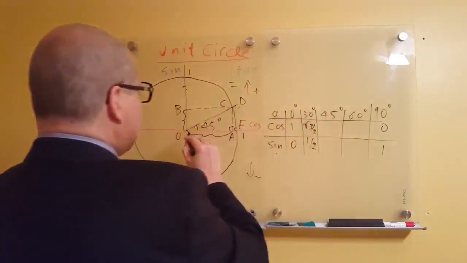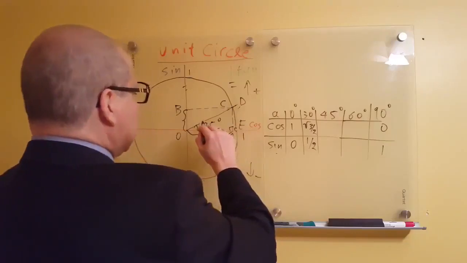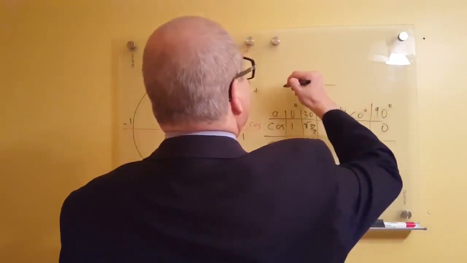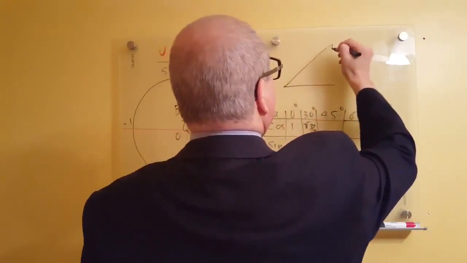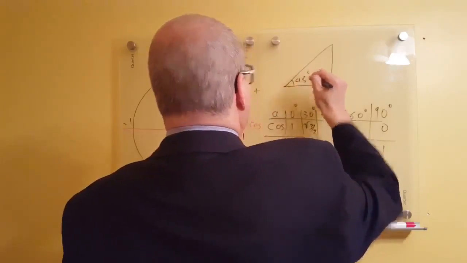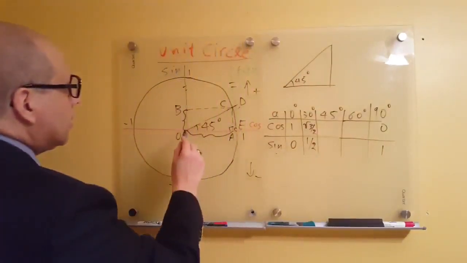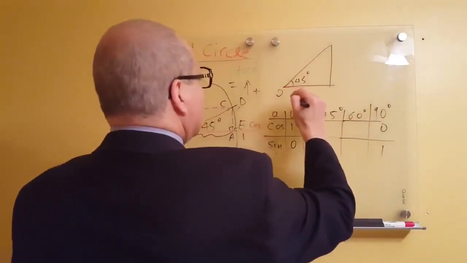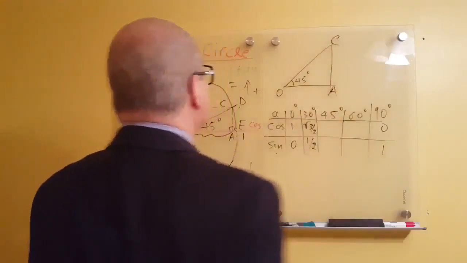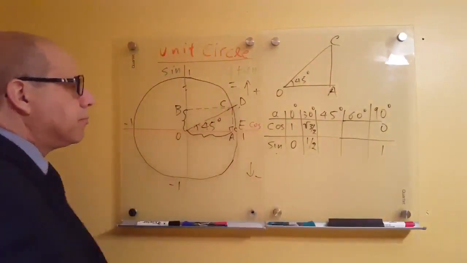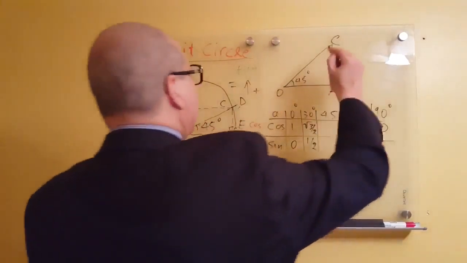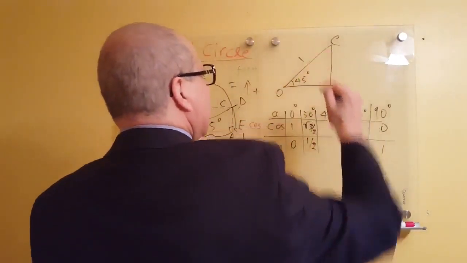So let's make this triangle here the OAD, but assuming that this here is 45 degrees. So again, this will be the O, this will be the A, and this will be the C. Okay, OAC. And of course, again, this here is the radius, the OC, so that's again 1.